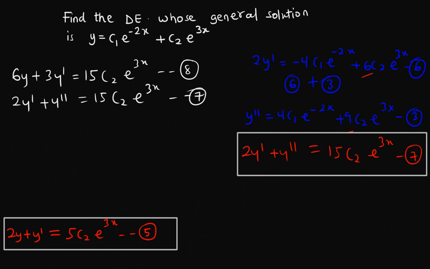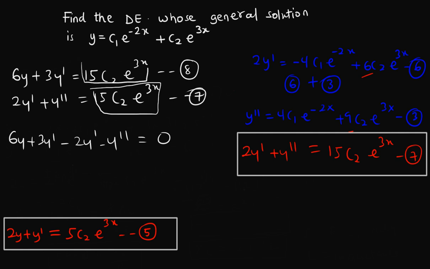When you do that, you're going to have 6y plus 3y prime, minus 2y prime, minus y prime prime, and this should be equal to 0, because when I subtract what I have here from what I have at the top, that's going to give me 0 on the right hand side.